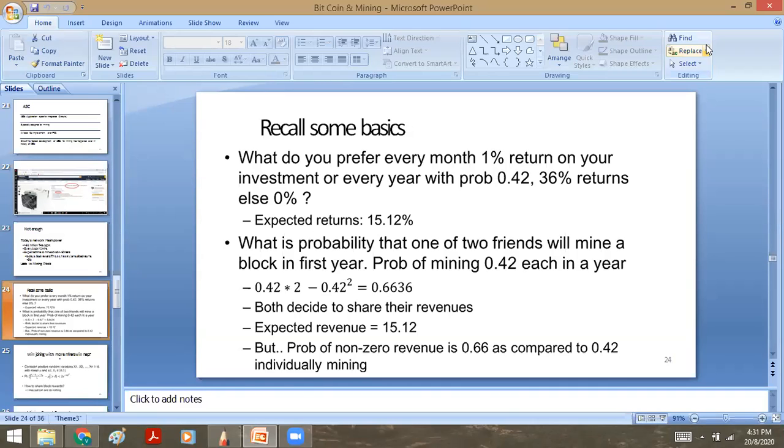The probability that you get a chance to solve the puzzle is once in 60 years. But across the network, some node getting a chance to solve the puzzle will happen in 10 minutes only.